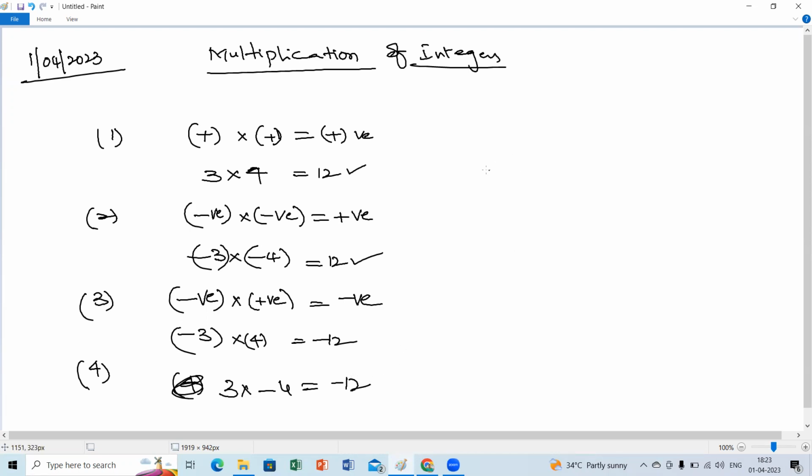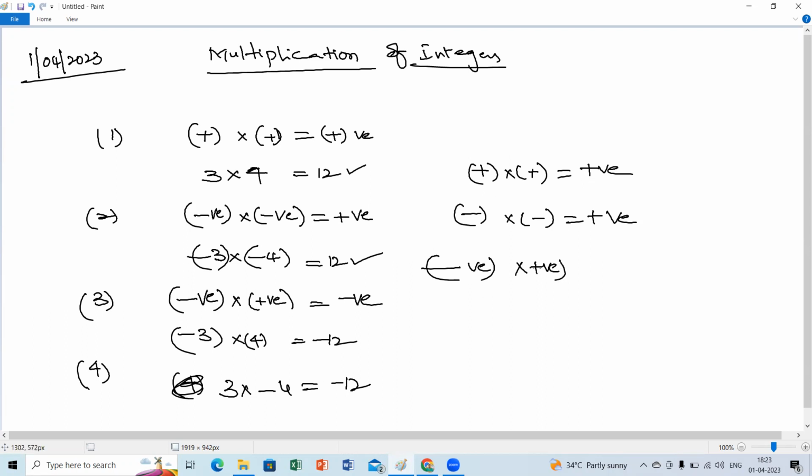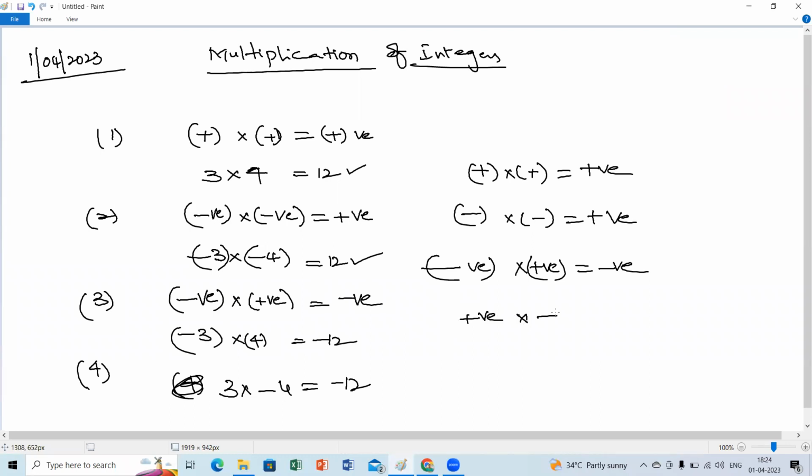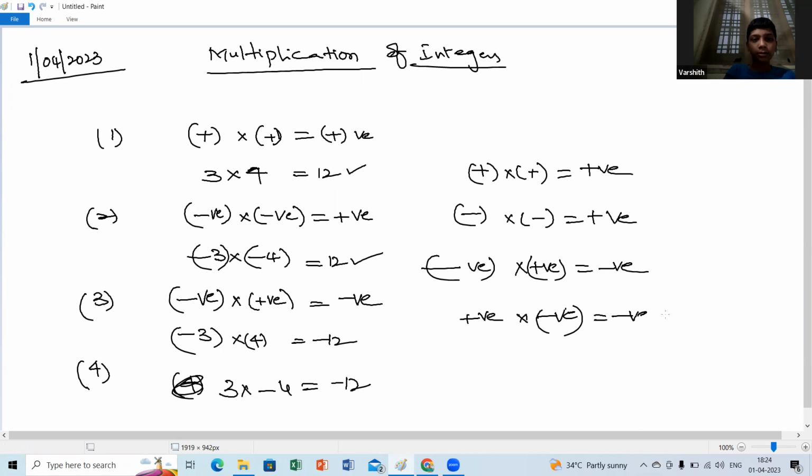Based on this, what general rules can we write? Two positive numbers multiplied, we get a positive result. Two negative numbers multiplied, we get a positive result. One negative number and another positive, we get a negative result. One positive and another negative, we get a negative result.